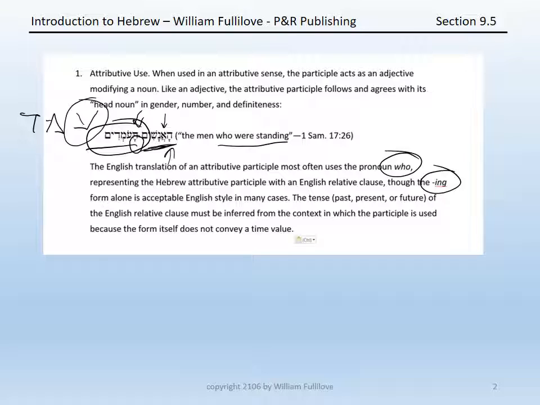Because the participle is a non-finite verb form, it does not tell us the tense of the English translation, whether it is a past standing, a present standing, or a future standing. Outside of its context, ha-anashim ha-omadim could be the men who were standing, the men who are standing, or the men who will be standing. It's only the surrounding context of the phrase that lets us know we should translate in an English past tense.